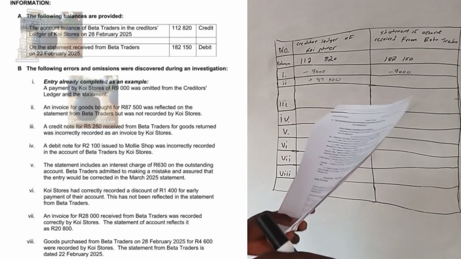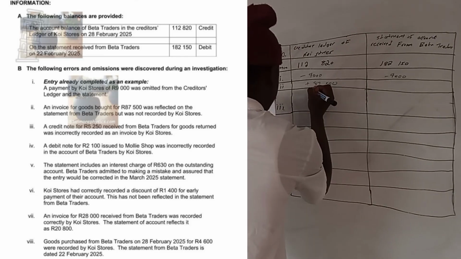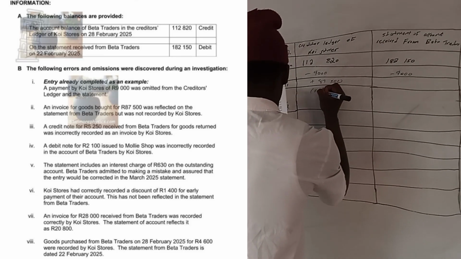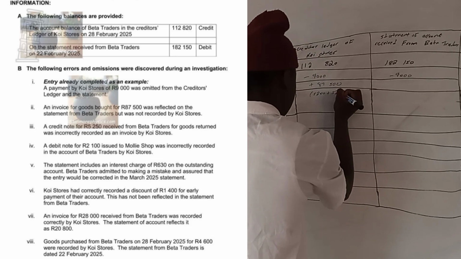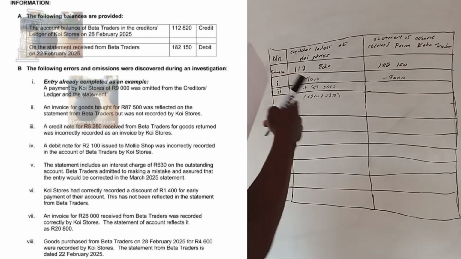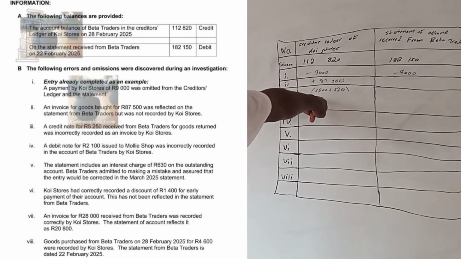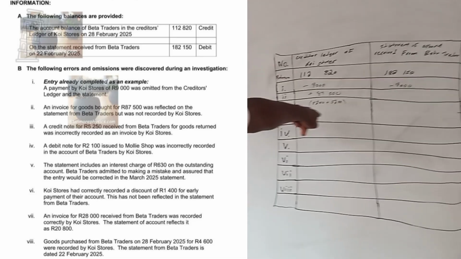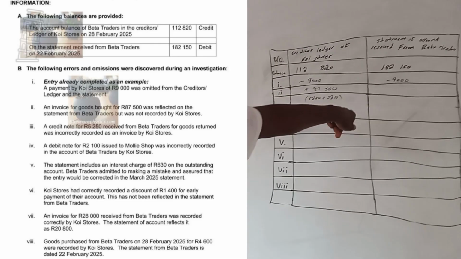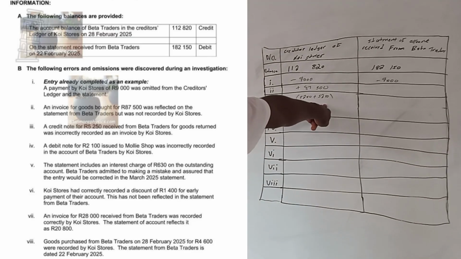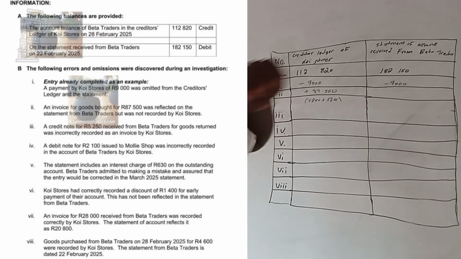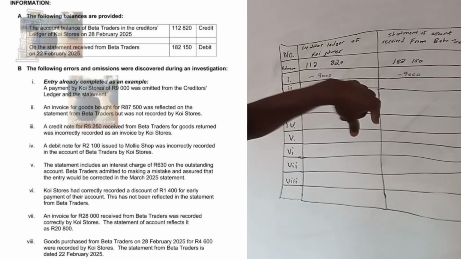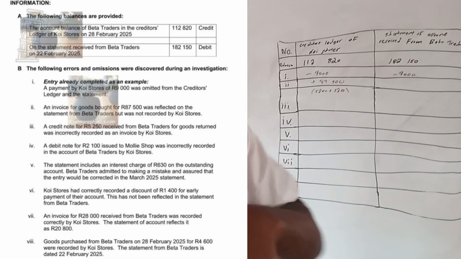In other words, we will say 5,250 plus 5,250. Why are we adding both of them? This one is the credit note for the goods that we returned, and this one is for the expense that we recorded, because we recorded it as an expense.